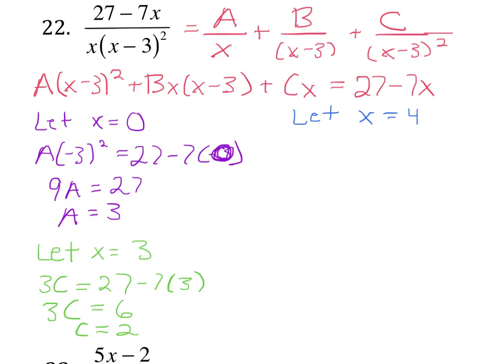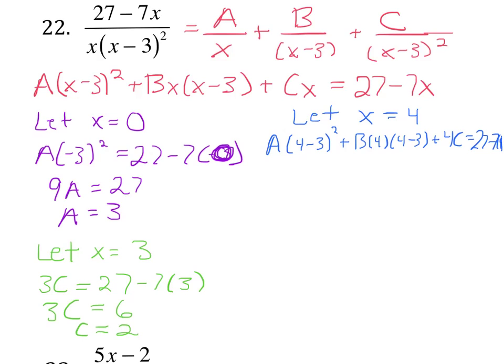And I'm going to plug that in wherever I see an x. So I'll get a times 4 minus 3 squared plus b times 4 minus 3 plus 4c equals 27 minus 7 times 4.